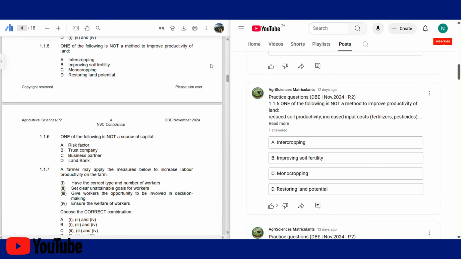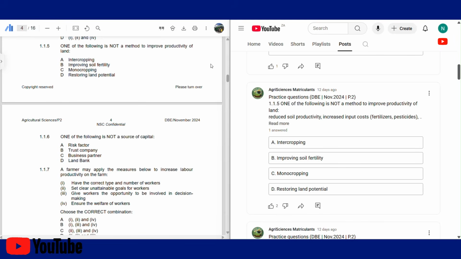That's when the minerals of the soil are wiped away by the water or the floods because of monocropping, if we are practicing monocropping, planting the same crop year after year. So that means intercropping is one of the best methods for improving productivity.